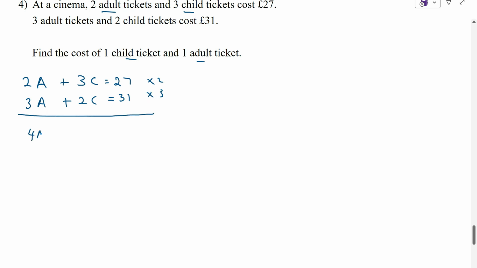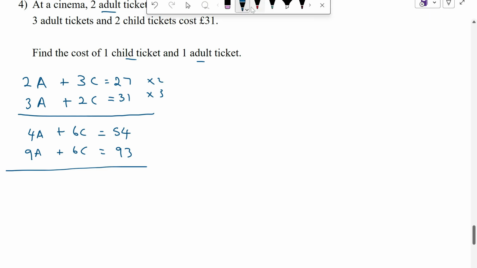So 4a plus 6c equals 54. 9a plus 6c equals 93. So we're going to cancel the c's out.